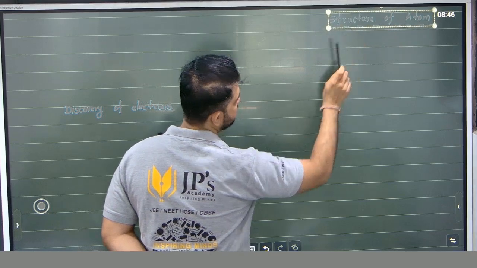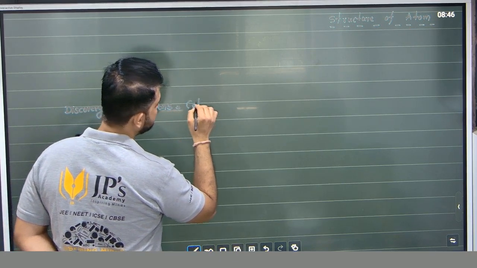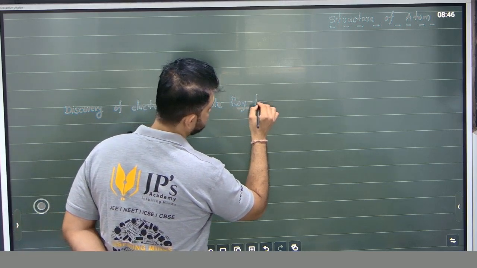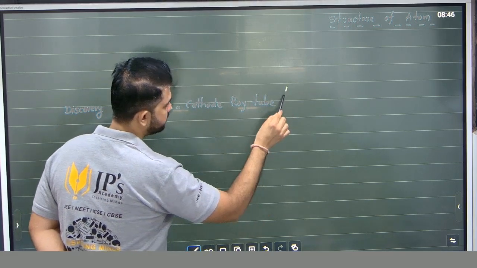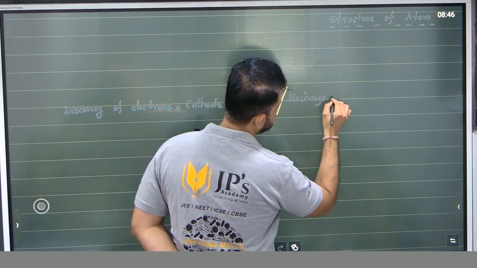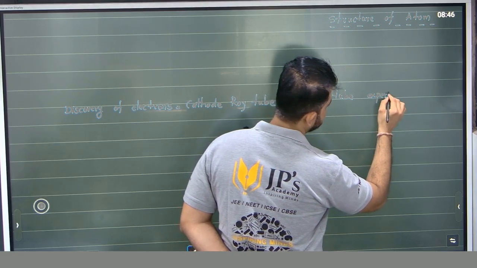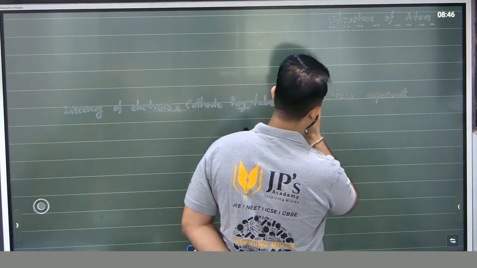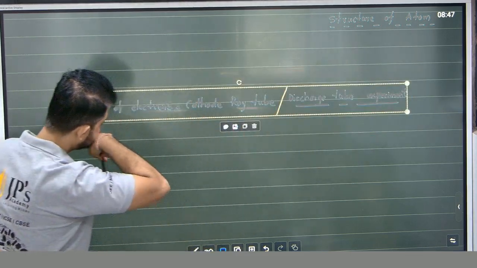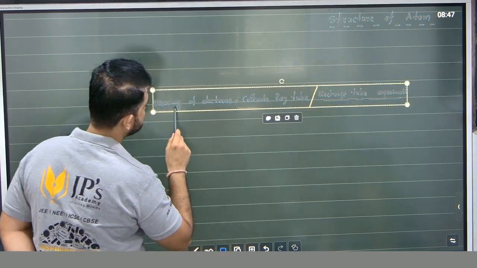For this discovery we have something called the cathode ray tube experiment, or the discharge tube experiment. Now, what is this experiment? Let's first understand the experimental setup of the discharge tube experiment.